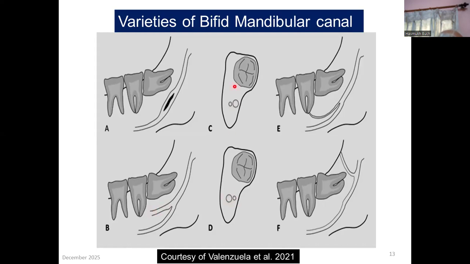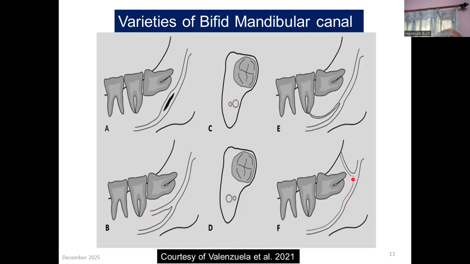And this is a little bit different from C. The smaller canal is on one side here, this is on the other side. And you have to find out the buccal and lingual. And finally, the retromolar canal from the main canal.